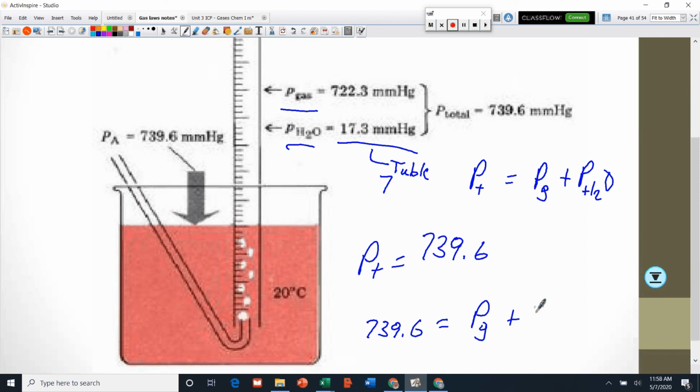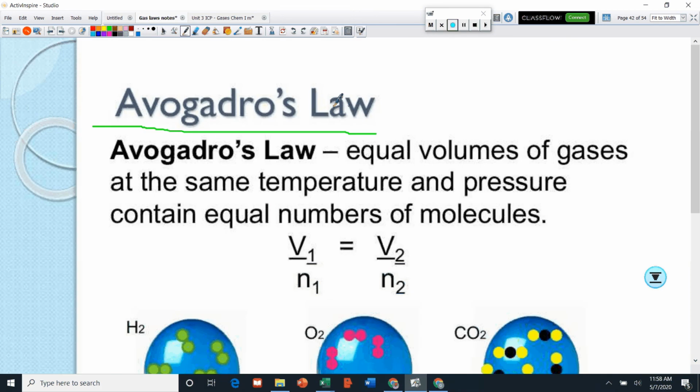We said that the pressure of the water was 17.3. So 739.6 minus 17.3 gives us 722.3, which is this number. All right. There may be a couple of problems with that. We already talked about Avogadro's law.